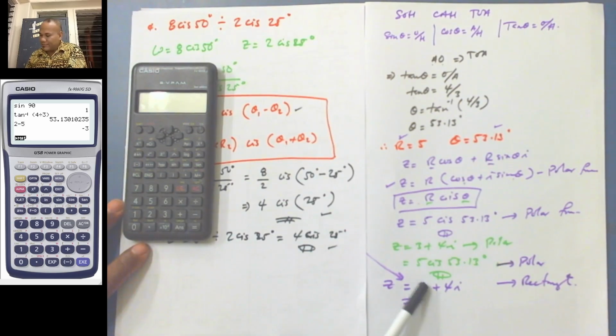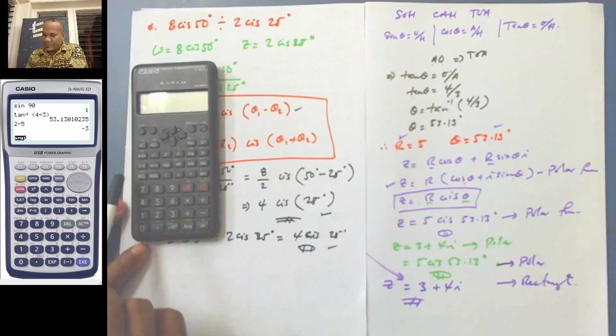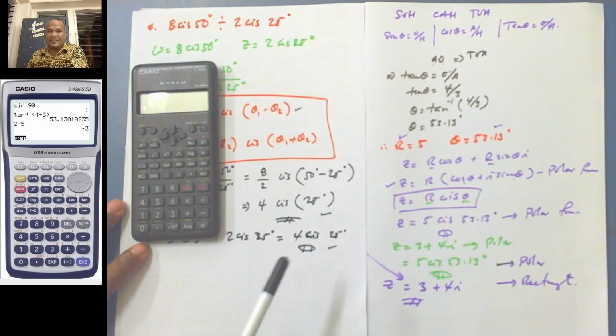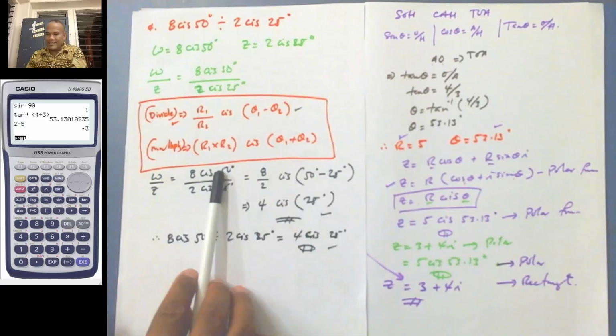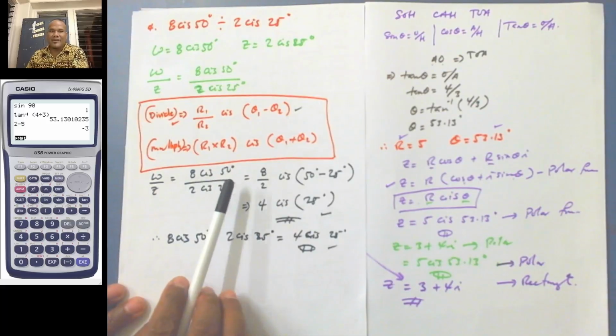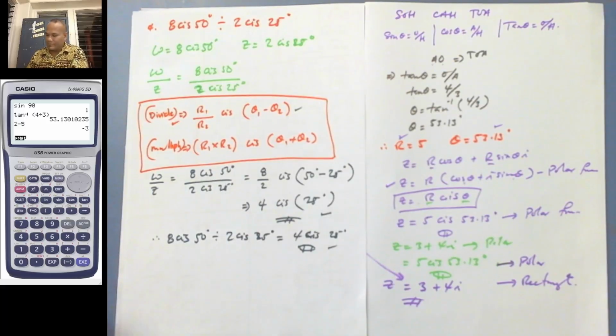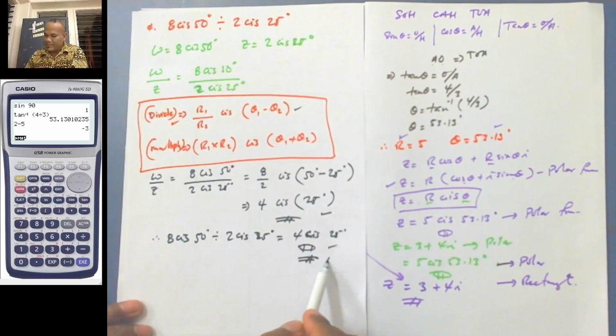That is your real value, and then recall tangent will give you your imaginary value. That is if they tell you to leave your answer in rectangular form, but in this case it's telling us to leave our answer in polar form. So in polar form, this is our answer.